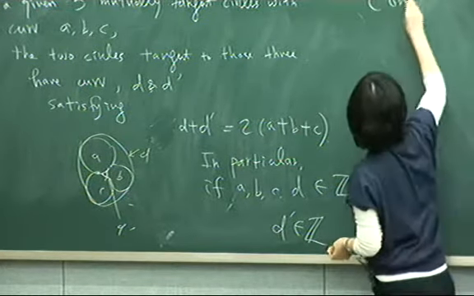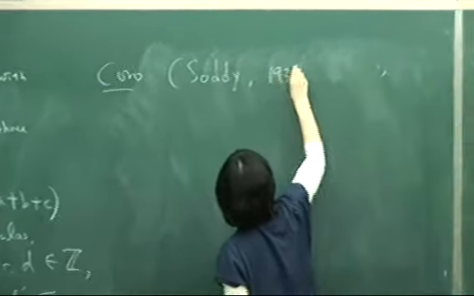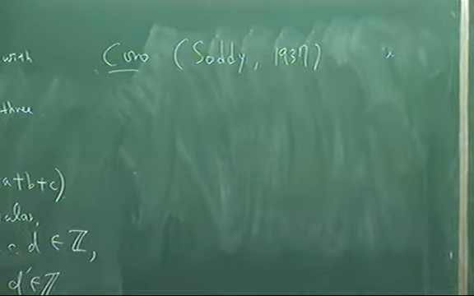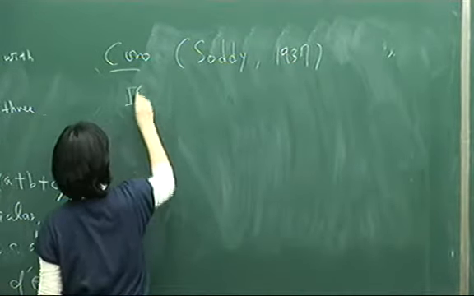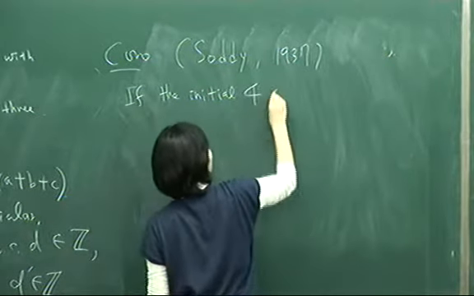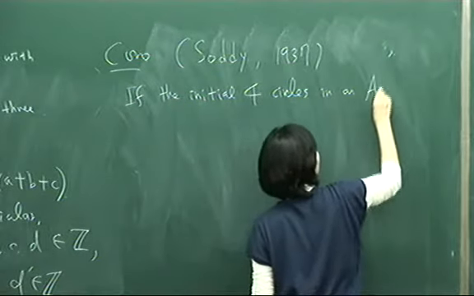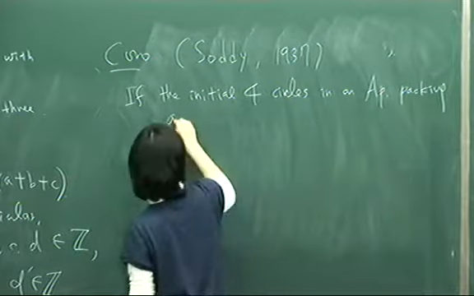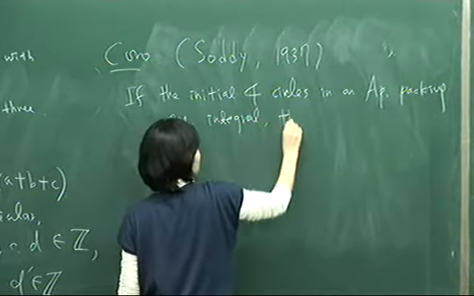a corollary. So Soddy, actually he was a chemist who was a Nobel laureate, and he made this amazing observation that if the initial 4 mutually tangent circles in an Apollonian circle packing are integral, then what?